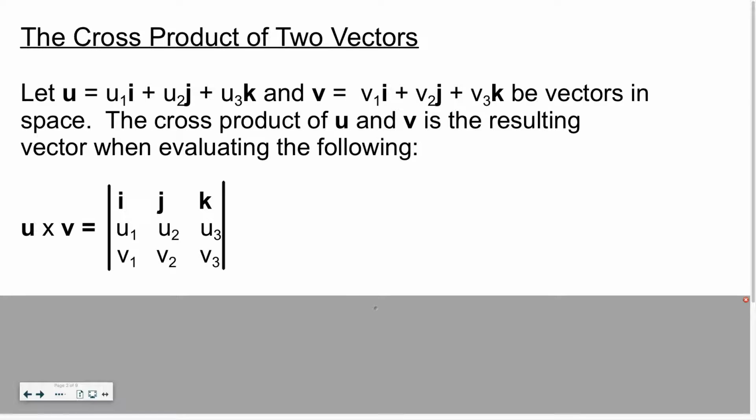Okay? So this is what's happening. If I have vector u, u1, u2, u3, and vector v, v1, v2, v3, then u cross v, the cross product of u and v, is the 3x3 determinant of i, j, k, u, v. I'm not just kidding, because that's really how it goes.